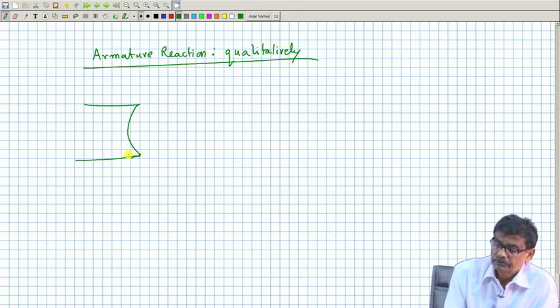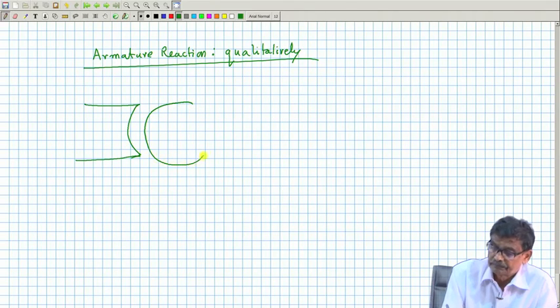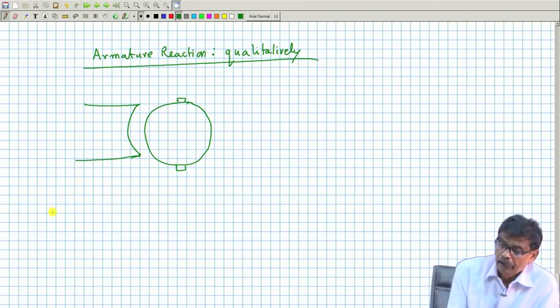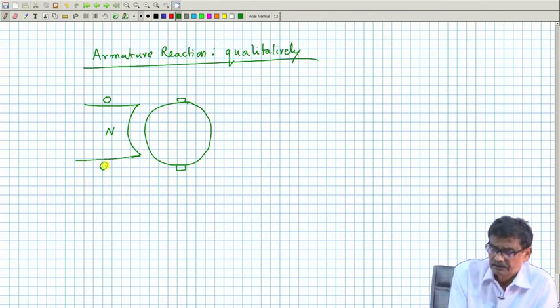These are the poles, and here is your armature. Suppose this side produces a north pole. Field coils I am not showing. The field current must be in this direction, IF, so that lines of force will come out, and here is the south pole.